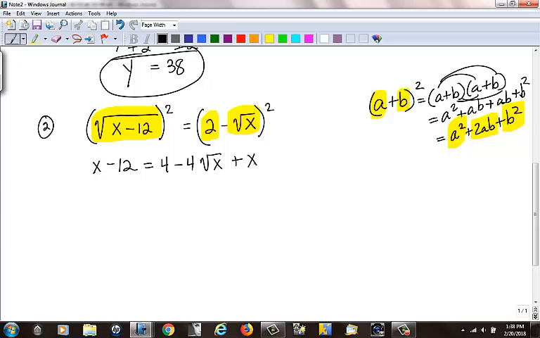So you always get a trinomial square. Now you have to isolate the radical. So get the 4 over, bring this x over. The x's drop out. You get negative 16 equals negative 4 radical x. Okay with that? Divide by negative 4.